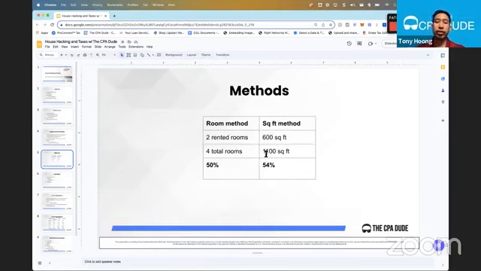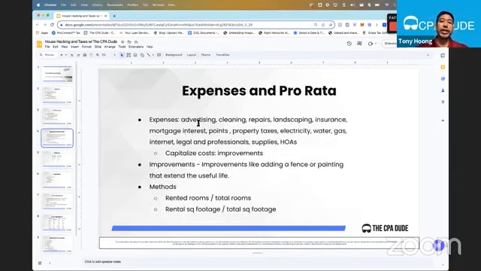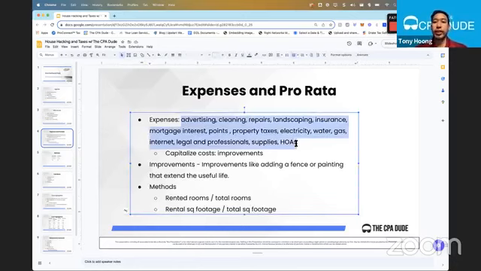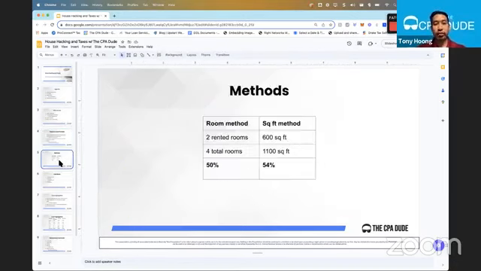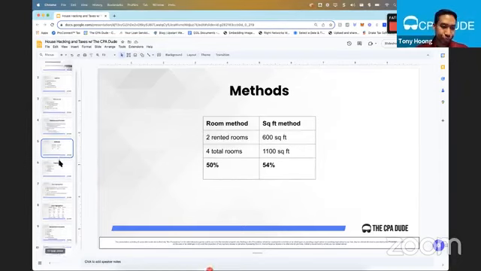Say you have a 1,100 square foot house and you're renting out 600 square feet of that, which is rooms and probably a little bit of common spaces if you want. That's about 54% in this example, so once again you can take 54% of all this. It depends on how accurate, how conservative, or how aggressive you want to be in determining which method to use.